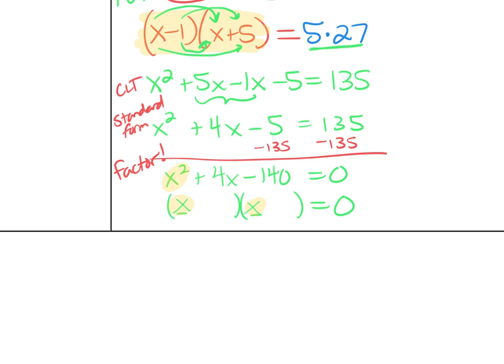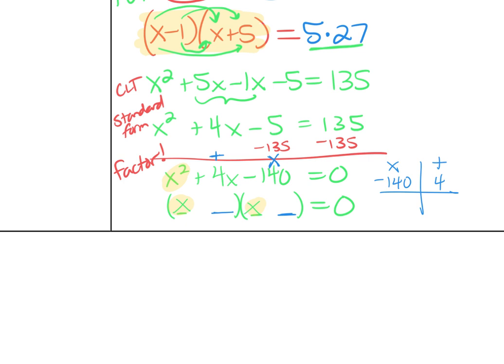In my second spot, I call these guys my mystery numbers. They have to meet 2 requirements. They're going to need to multiply to be my last number over here, so multiply to be negative 140. And they're going to have to add up to be 4. So I have to start thinking about numbers that can multiply to be negative 140 and add up to be 4.